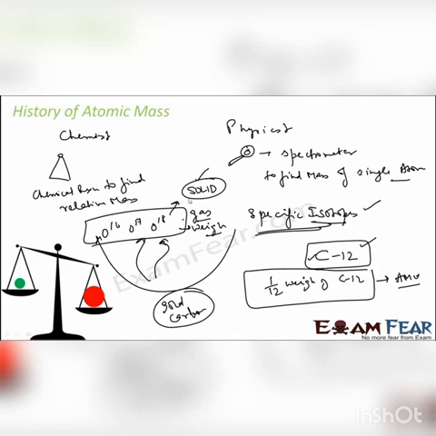Now chemists were happy, they got something solid to measure. Physicists were happy because this is C12. C12 also has isotopes, but more than 99% of any carbon is C12. So any carbon you pick, 99% will be C12. So they were happy. In 1961, IUPAC declared the C12 isotope as the standard reference for measuring atomic mass.